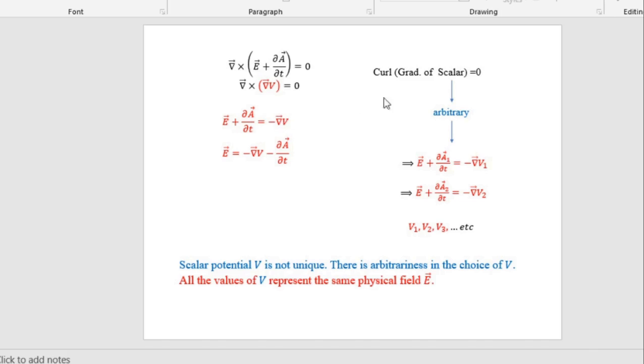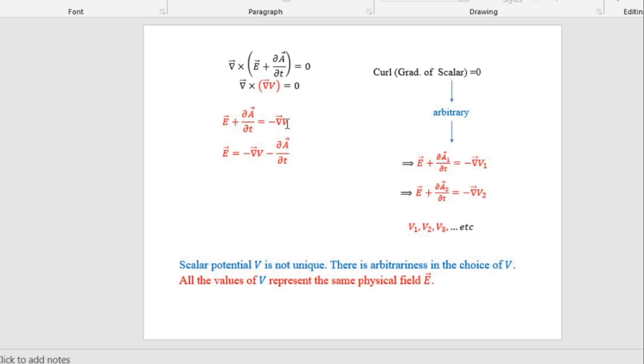Now the important point is that, as before, in this principle, curl of gradient of a scalar equal to 0, this scalar is again an arbitrary scalar. So it means that in this position we can take any arbitrary scalar.